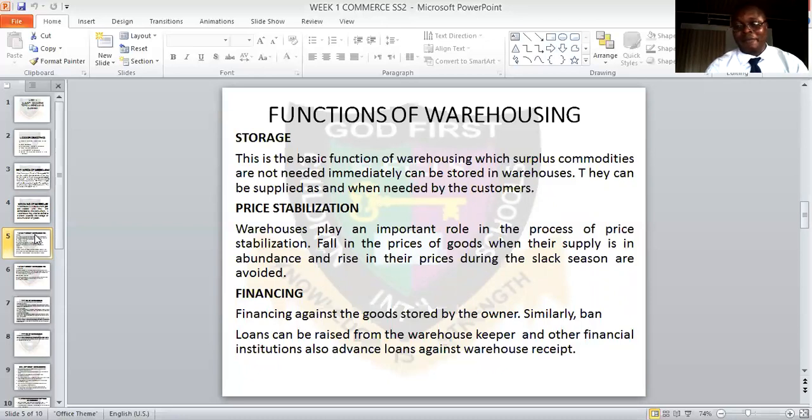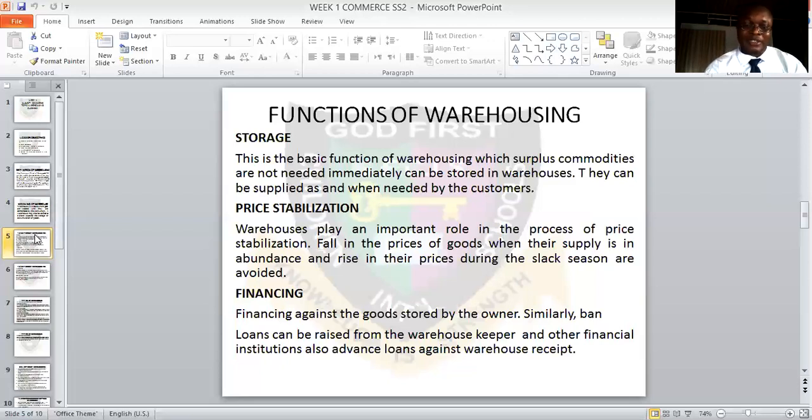So when we have abundant commodities that are not needed at that particular point in time, they can be stored in warehouses. They can also be supplied as and when needed by the consumer. So that is for the storage.